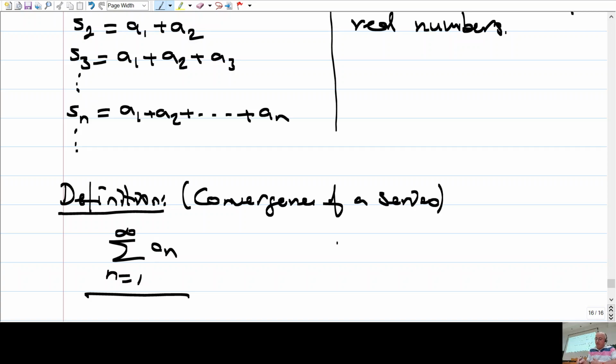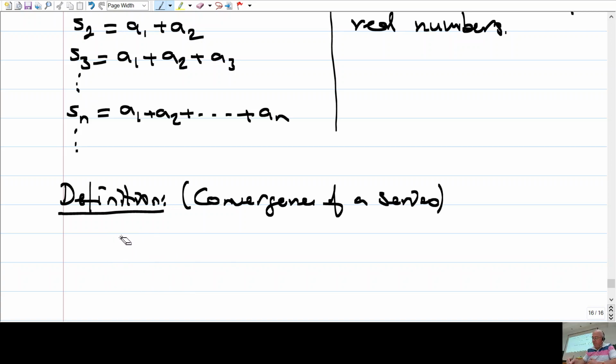But a sequence is a sequence of numbers. From this series, we built up a sequence called the sequence of partial sums.